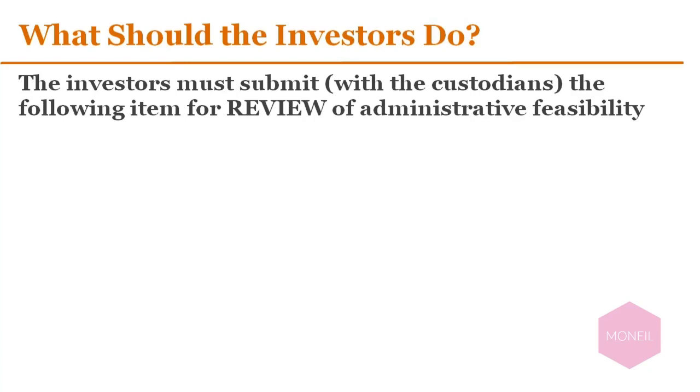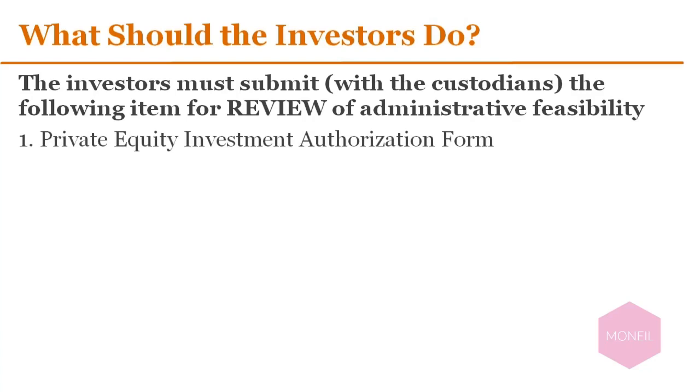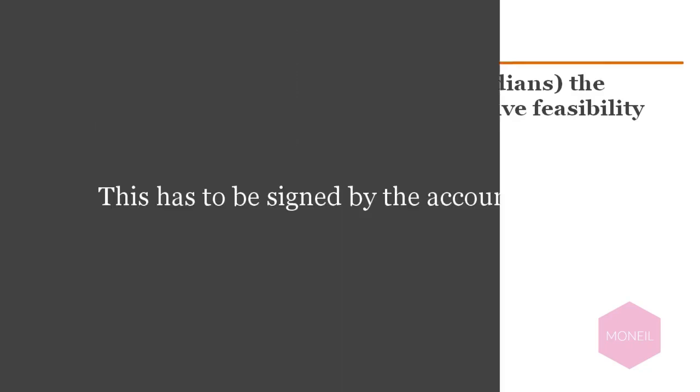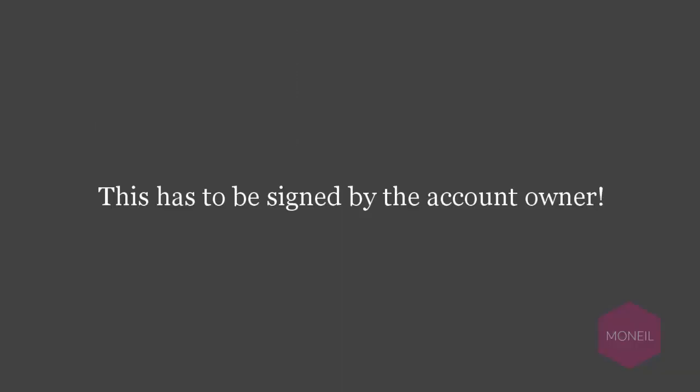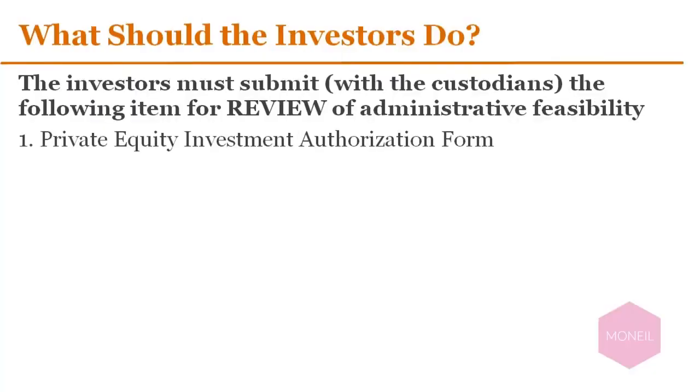So please do listen to my other modules because they all correlate well into this one, which I'm going to talk about. First of all, we have to provide a private equity investment authorization form, which has to be completed and signed by the account owner of the custodial account.